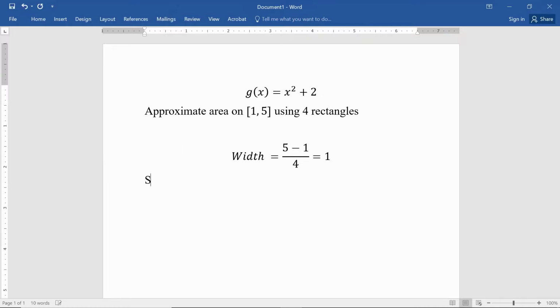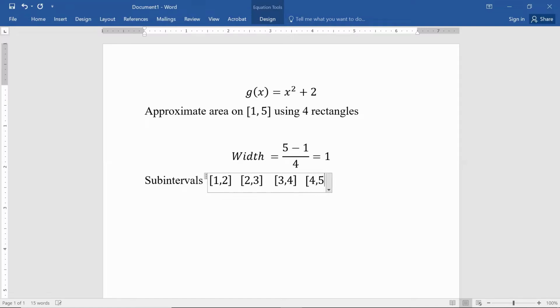Because I am starting at 1 and ending at 5, my subintervals are going to be the following. The first subinterval is going to go from 1 to 2. The second subinterval is going to go from 2 to 3. The third subinterval is going to go from 3 to 4.